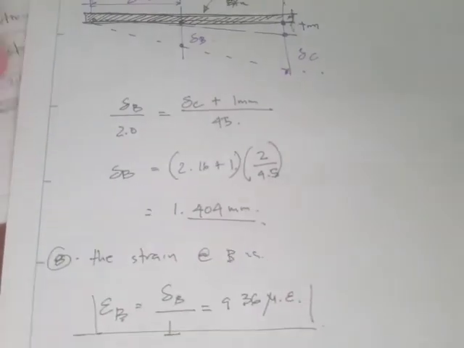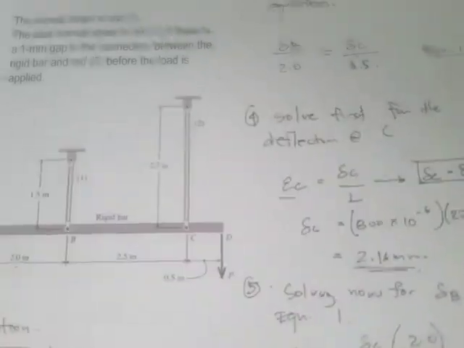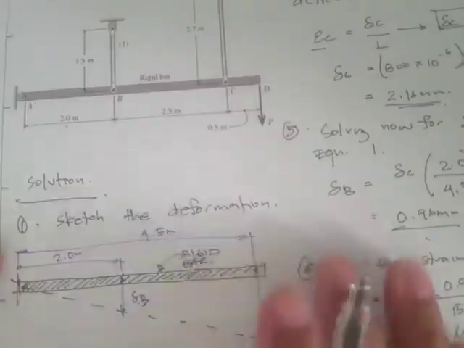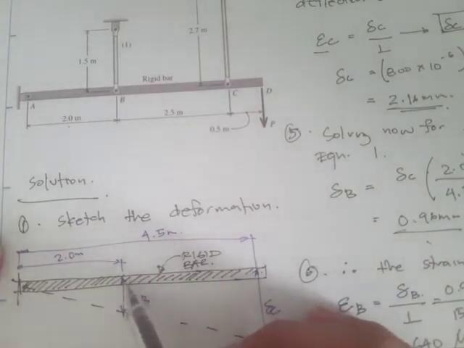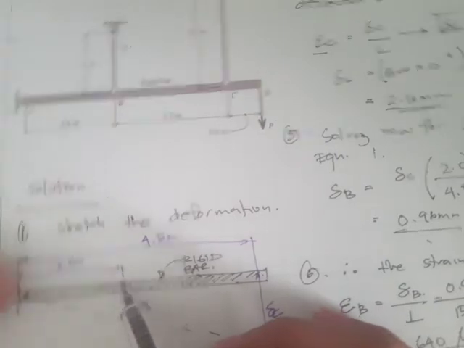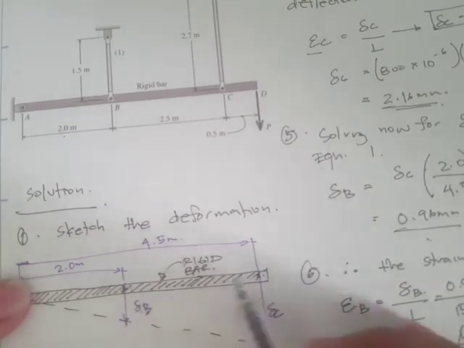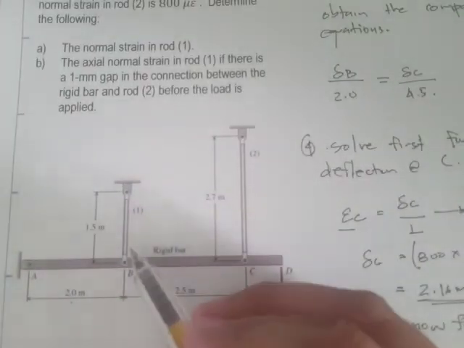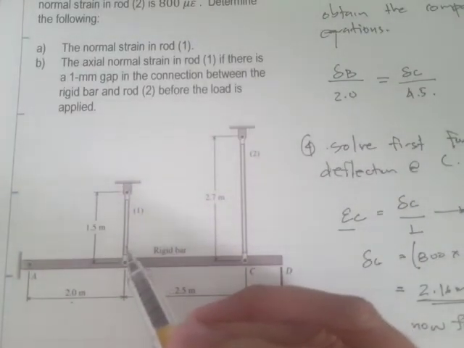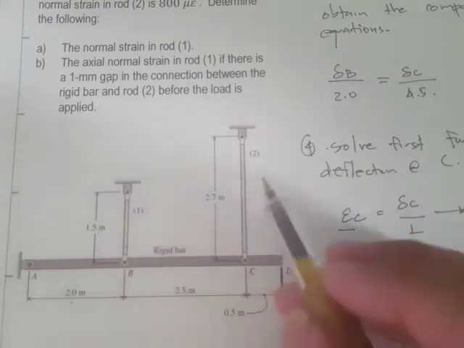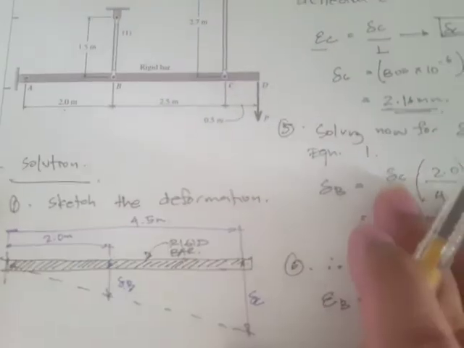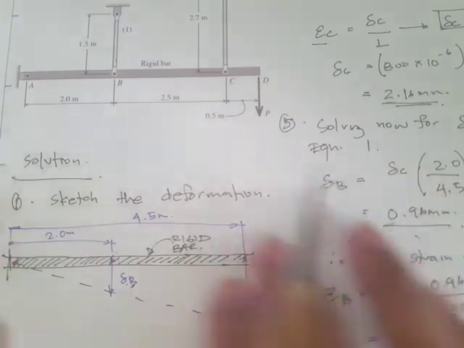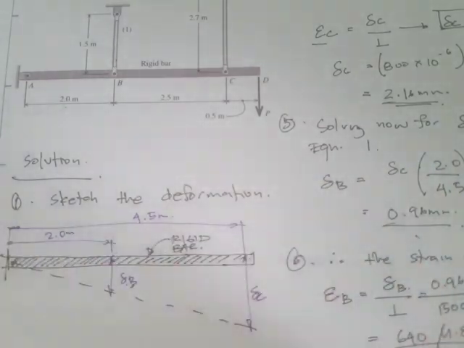Just to have a review, what we're solving here is not the displacement of this rigid bar, but rather we relate this displacement of the rigid bar to the deformation and strain of rod 1 and rod 2. We obtained that from the geometry of deformation.